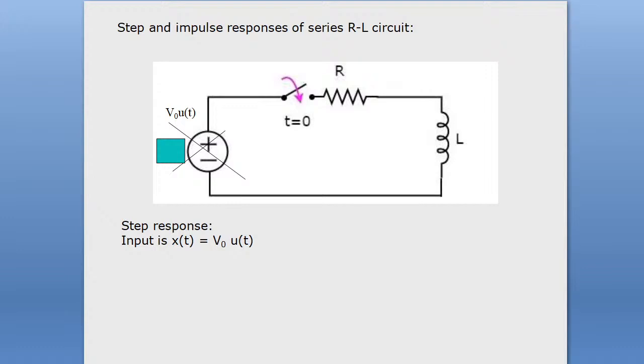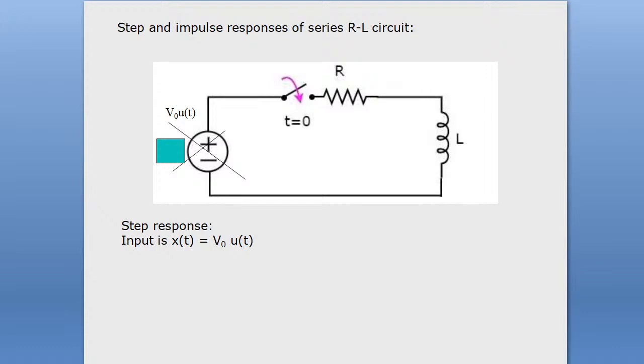At that time we calculated the transient response as well as the steady state response of an RL circuit for a DC excitation, supply voltage V. Now you see that I have crossed out the DC supply voltage V. Instead of this voltage, I have provided a step input or step excitation V naught u of t.